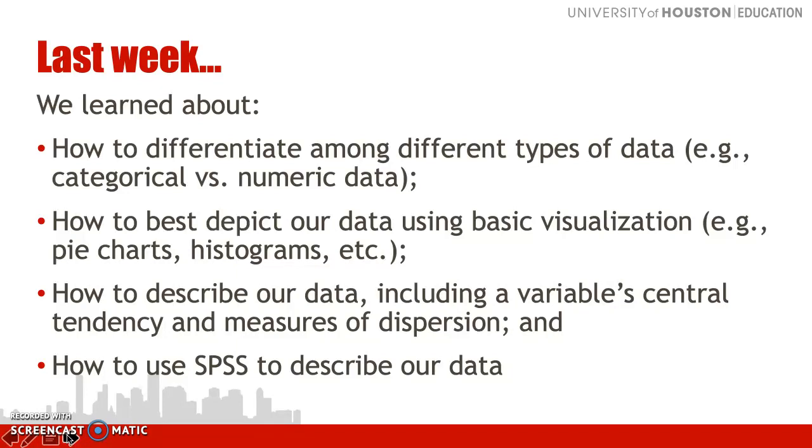If you still have questions about variance and standard deviation, I encourage you to watch the short video that is posted on Blackboard. And last week, we also had our first experience with SPSS, and we used it to describe our data. So we used it to pull up some basic visualizations and to describe the central tendency and variability of a couple of variables.